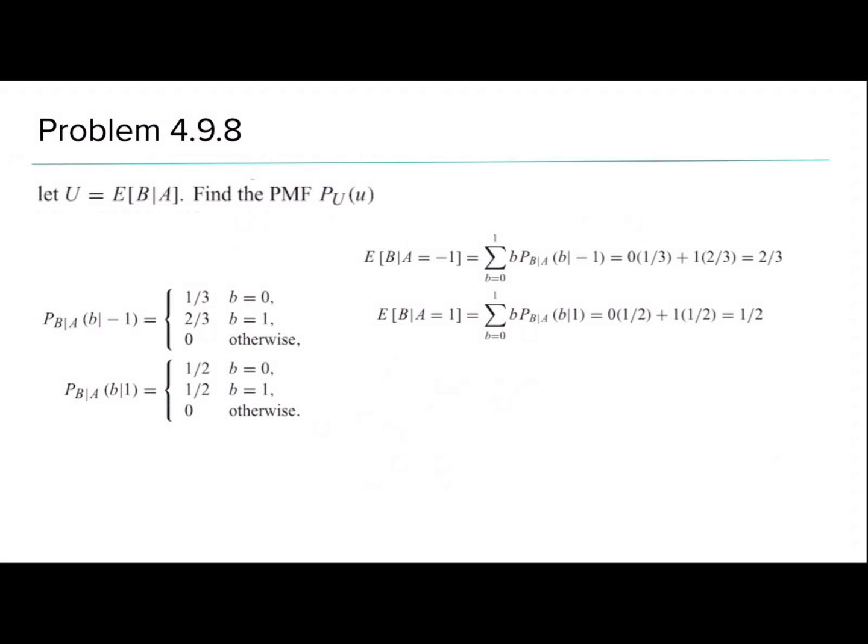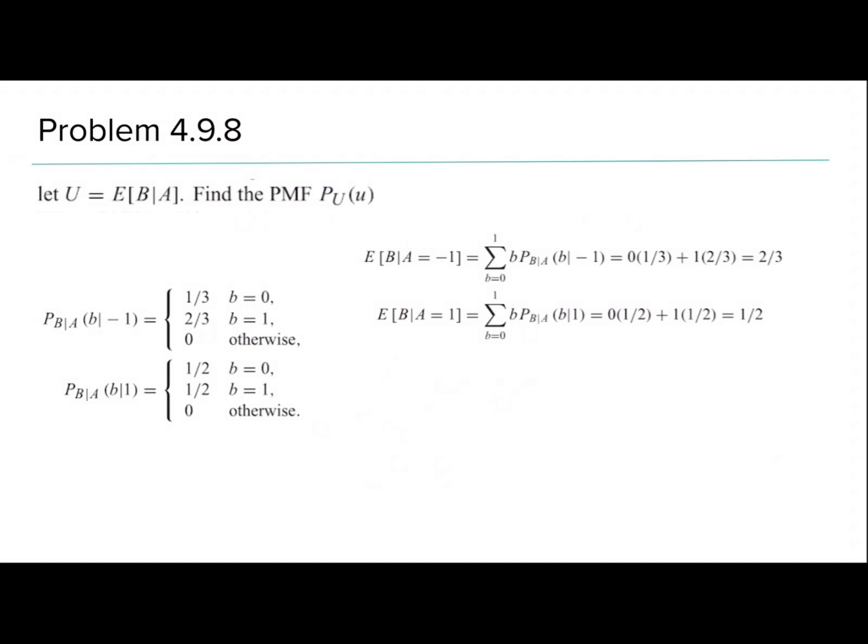And for the second part we have E of B given that A is equal to 1, which again will be the summation over all possible values of B, B into PMF of B given A, with B given that A is equal to 1, which again will be 0 into half plus 1 into half, as given in the second probability definition.